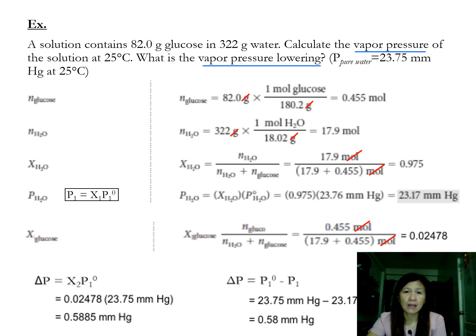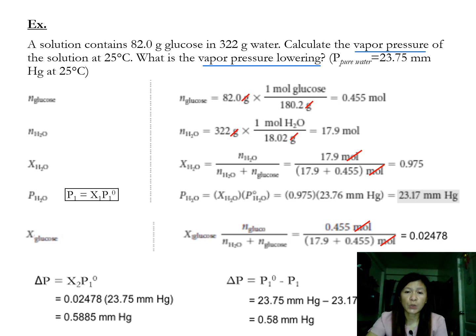Delta P means vapor pressure lowering. So you can also use the equation, the difference of the vapor pressure of the pure solvent minus the vapor pressure of the solution. From the given, we have 23.75 millimeters of mercury minus the calculated vapor pressure of the solution, 23.17 millimeters of mercury, without canceling the unit, because you need to copy the same unit when doing addition and subtraction.